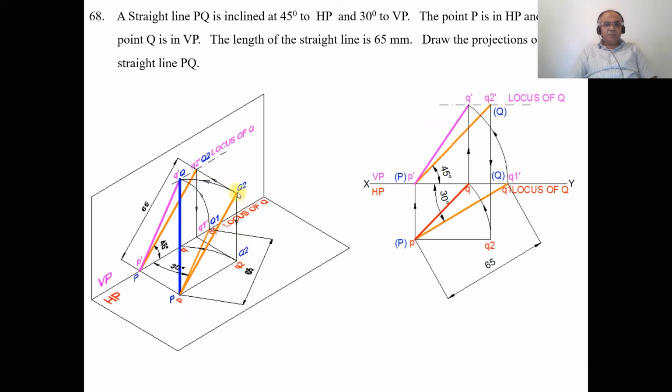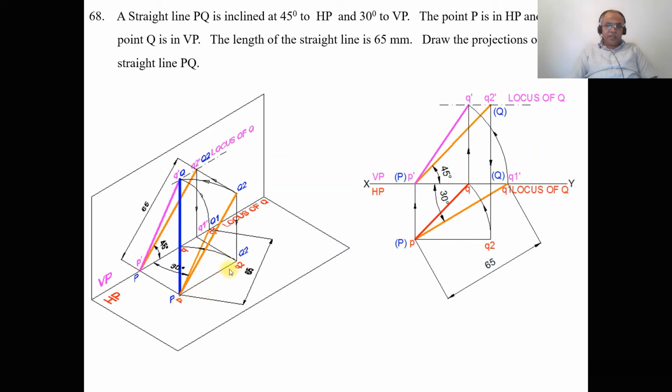Its corresponding view will be in true length. So you are going to get PQ2 as the line which is in true length. But now when you are rotating this line, with P as center and PQ2 as the radius in the top view, you rotate it such that Q is in front of VP by this distance, but actually it should lie on the vertical plane.